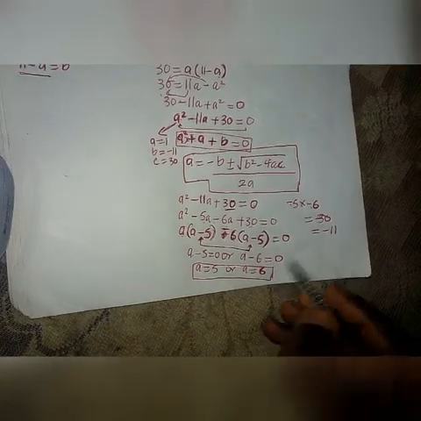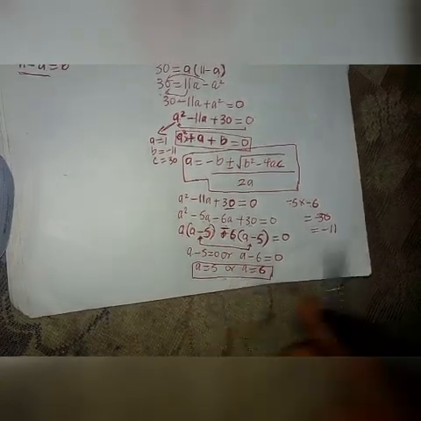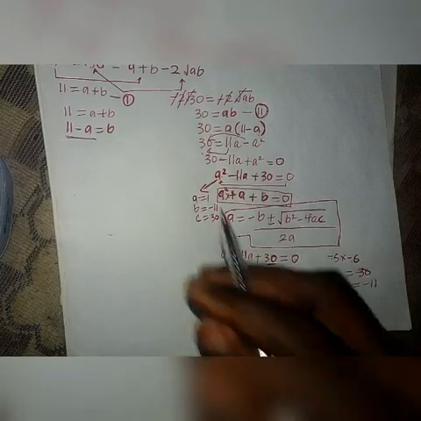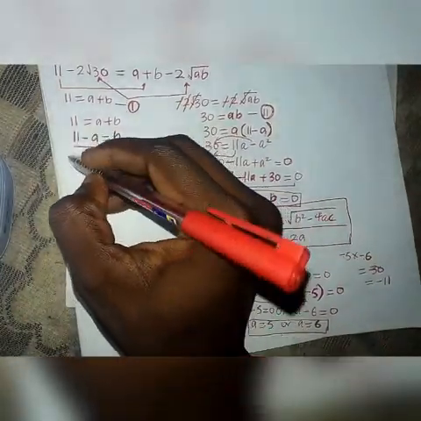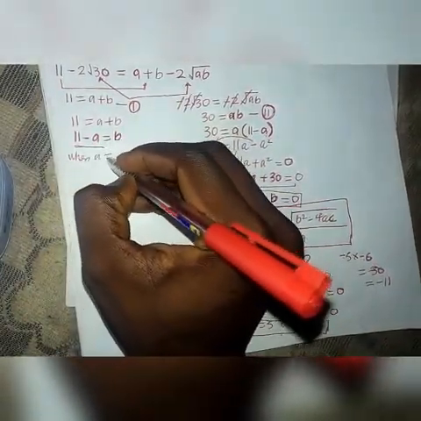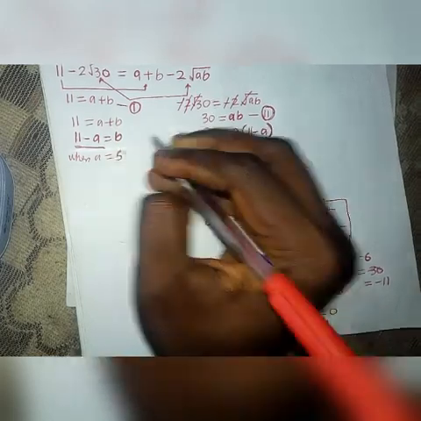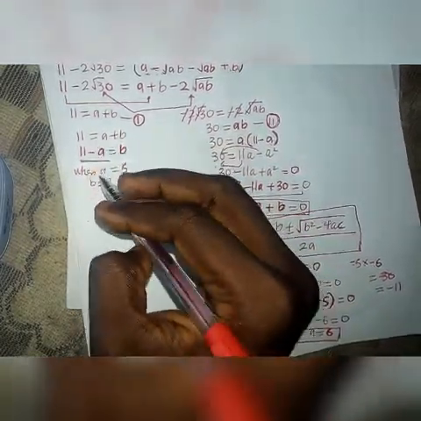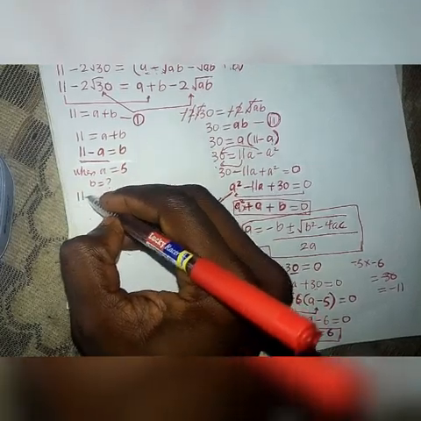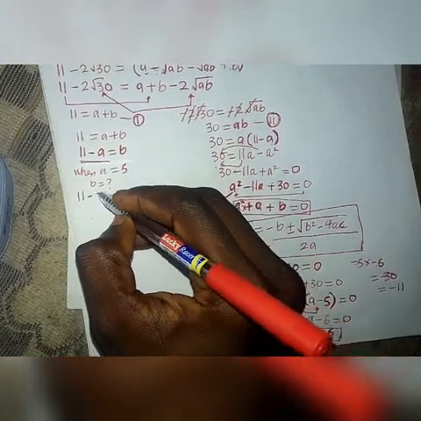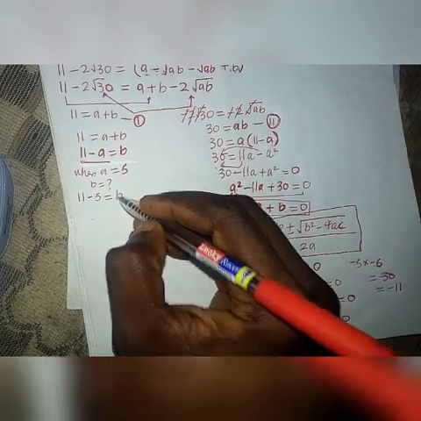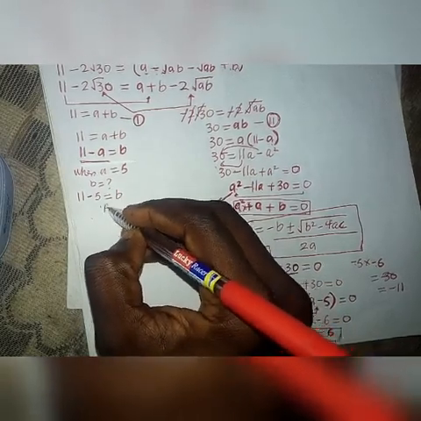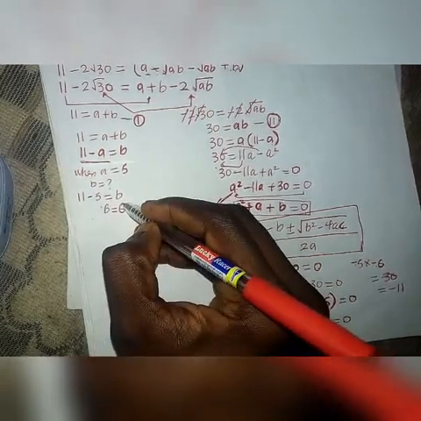You've gotten a. So when a is equal to 5, what is b? To get b, you put in a. a is 5, so b will be 11 minus 5, that's 6.